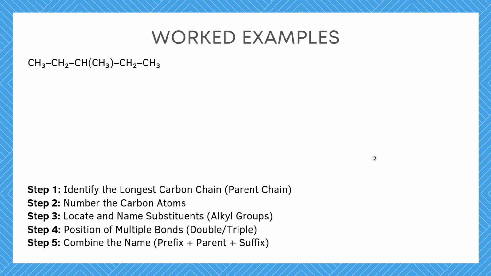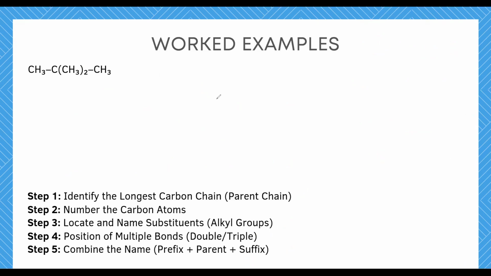So here is the third example on the screen right now. You can see this structure over here. So first things first, we want to have this structure broken down. We have CH3 bonded to a C, which is bonded to CH3, bonded to another CH3. Now, some of you might be confused thinking, why am I drawing two CH3 structures?